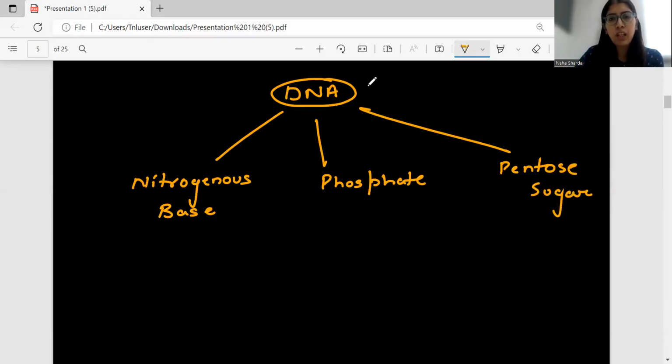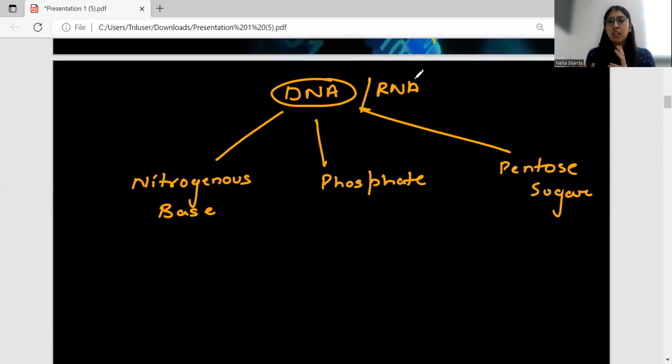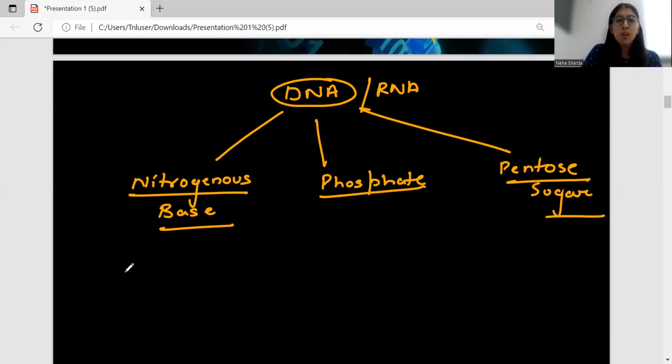Both DNA and RNA, which we call nucleic acids, are made up of nitrogenous base, phosphate, and pentose sugar. There are some differences between DNA and RNA which we will study in upcoming slides.